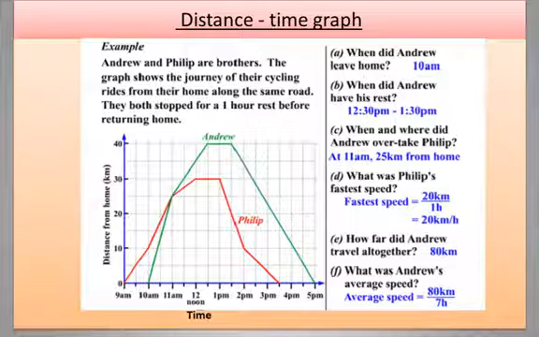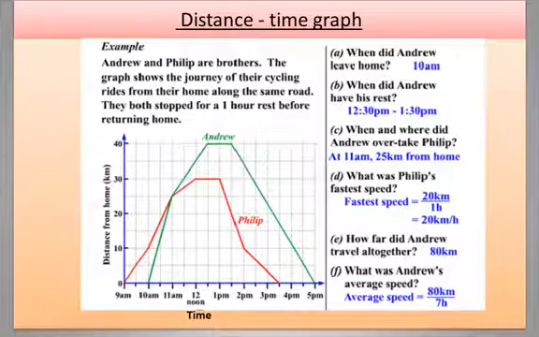After that, the green color means Andrew started overtaking Philip. It is from 25 kilometer. So at 11 a.m., 25 kilometer from home, Andrew overtook Philip. Have you understood? It is very clear from the graph.